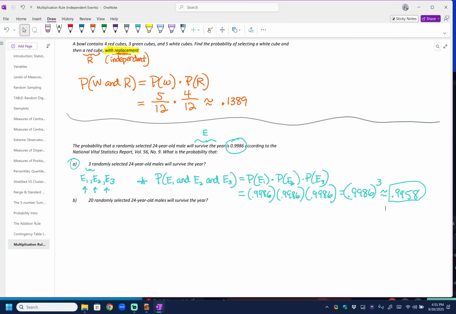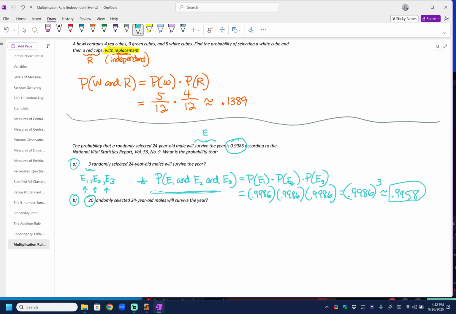Okay, so what if we went on to do 20 randomly selected 24-year-old males and how they would survive? Well, we would obviously need E1, E2, E3 again, but we would have to go all the way to E20. We clearly don't want to write this out for E1 to E20. That sounds insane. So instead, let's just be logical about this.